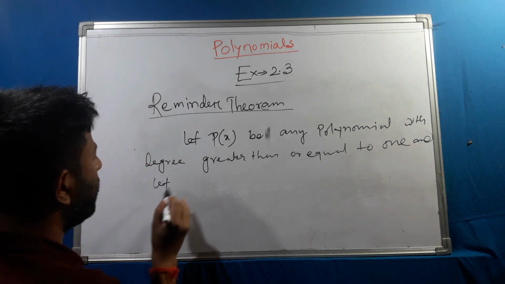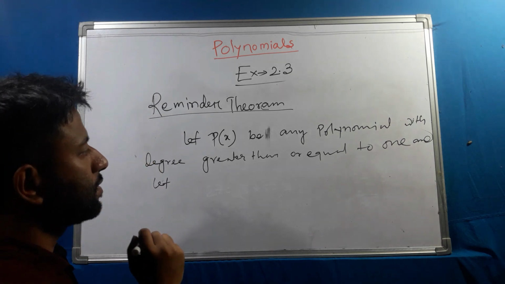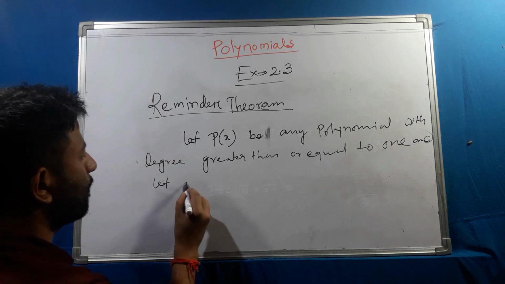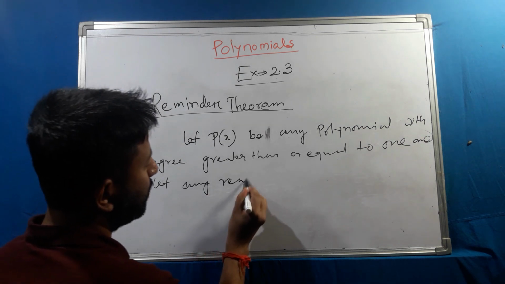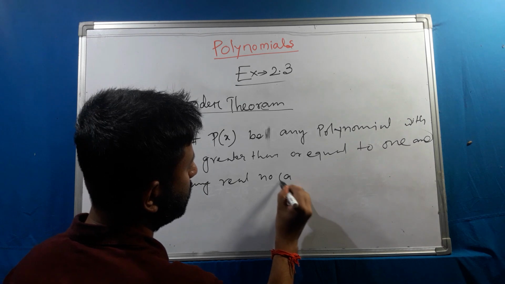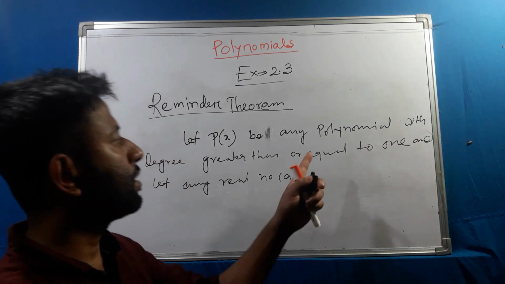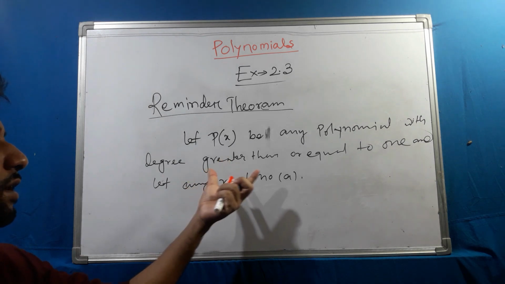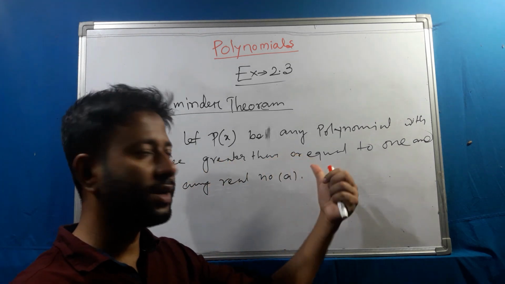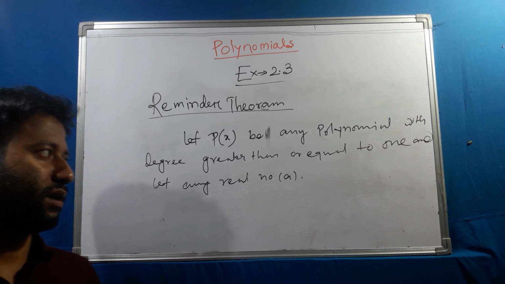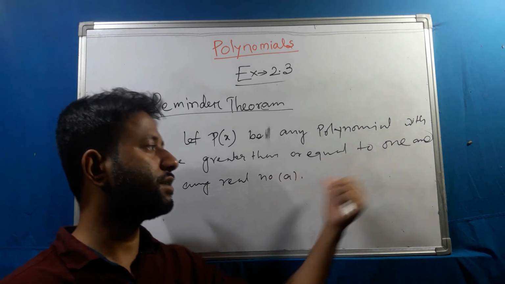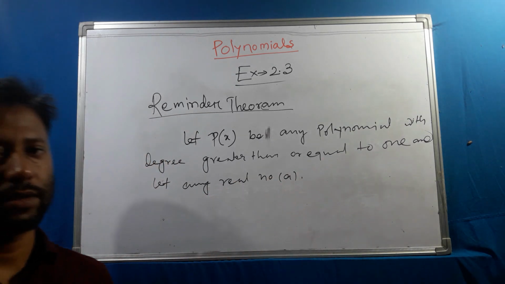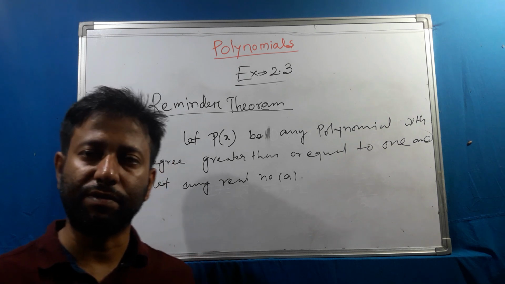This means we are taking any polynomial whose degree is equal to 1 or greater than 1, and in such a case we are taking another real number, maybe 0, 1, 2, 3, 4, whatever.